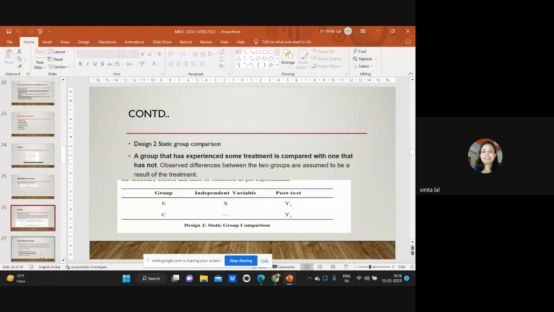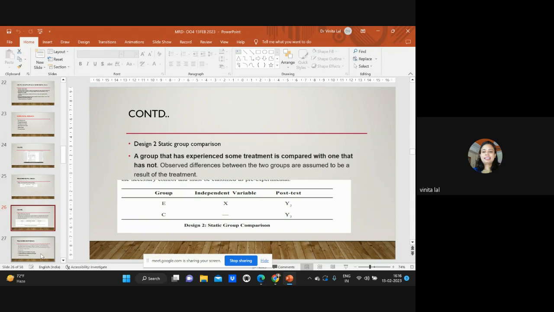This is another example. These things are steps or design, you can say.